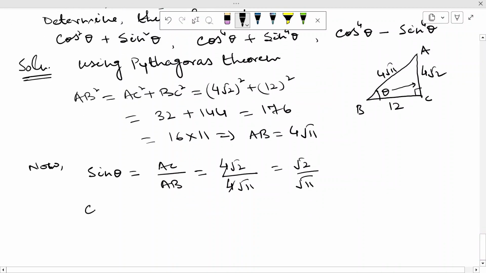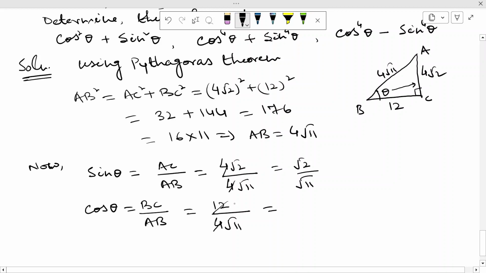Now, similarly we obtain cos theta. When you consider cos of angle theta, the side adjacent to the angle theta is BC and we have AB. The measure of BC is 12, and AB is 4 root 11.